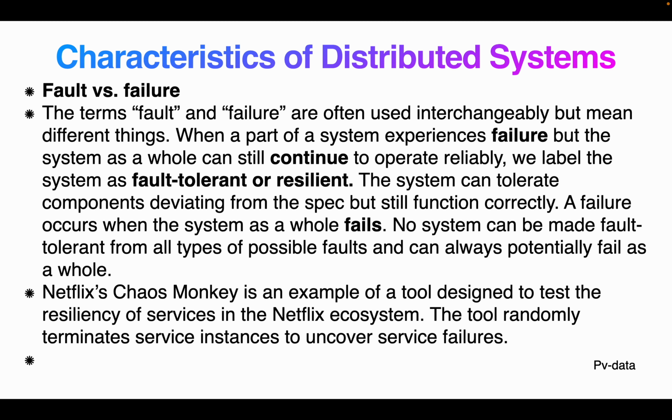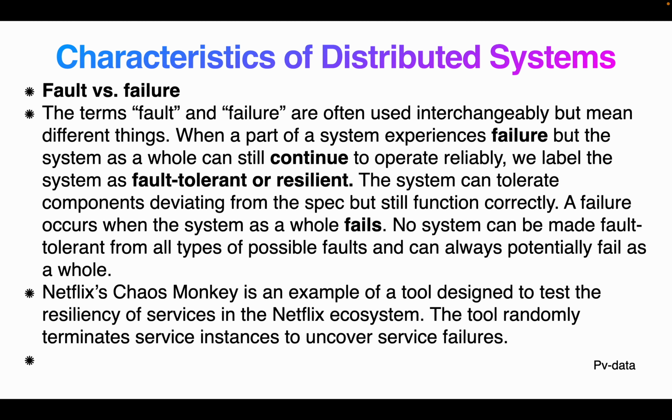So let's understand the terms fault and failure. They are often used interchangeably but mean different things. When a part of the system experiences a failure but the system as a whole can still continue to operate reliably, we label the system as fault tolerant or resilient. The system can tolerate a component deviating from the specs but still function correctly.